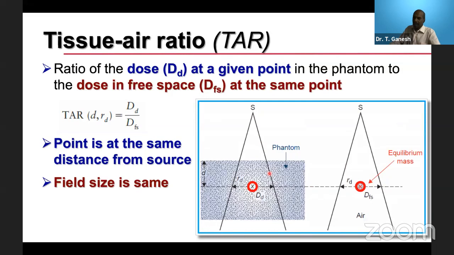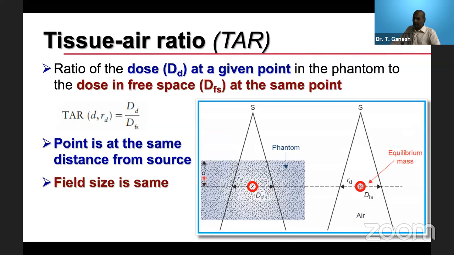Tissue air ratio is nothing but the ratio of the dose at a given point in the phantom to the dose in free space at the same point. You take the point here, that is at a depth D. So it is inside a phantom. So what is the dose at this point you measure? And what is the dose at the same point? See this geometry. Geometry you should not forget. Source to point distance is same in the phantom and as well as in air. So what is the dose here inside the phantom?